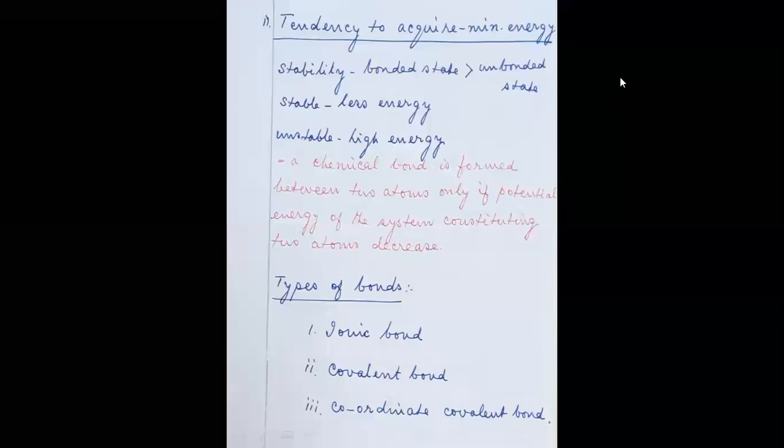At the same time, they want to have a maximum entropy. These are the two determining factors of the feasibility of a chemical process. Why is a process chemically feasible? Either that process will be tending towards a minimization of potential energy, or it may be tending towards maximization of entropy.